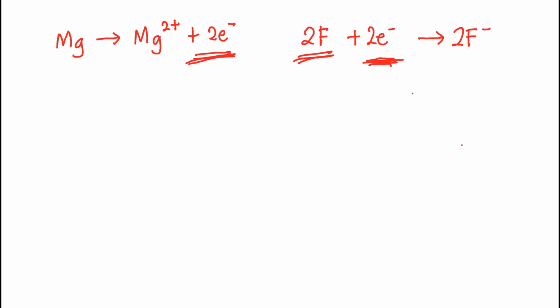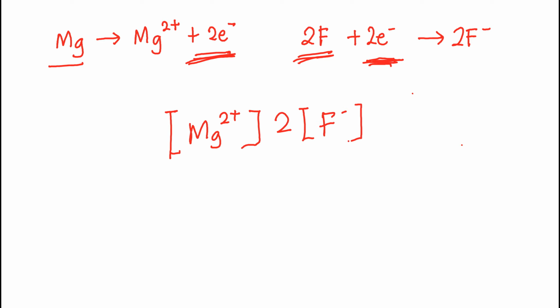So you need 2 fluorine atoms to receive 2 electrons from 1 magnesium atom. So what you end up with is a magnesium ion chemically joined to 2 fluoride ions.